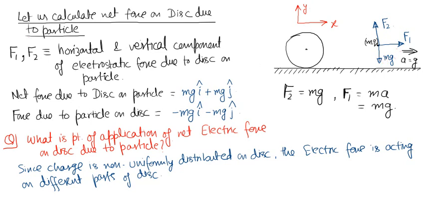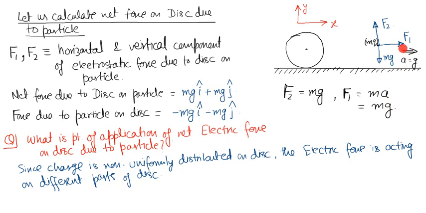Now in the vertical direction there is no acceleration, so the net force has to be 0, which means that F2 should be equal to mg. F2 is the vertical force and mg is the downward force, so F2 and mg will be equal and opposite. F1, the horizontal component of the electric force, will be equal to mass into acceleration, and the acceleration is g.